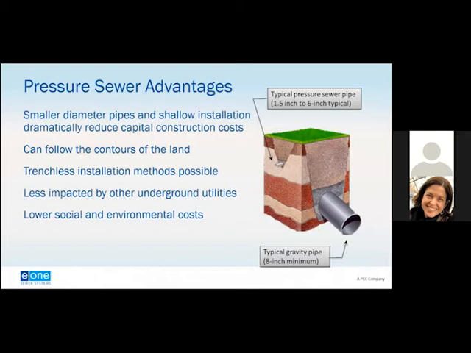And the last thing is it has lower social and environmental costs. With the means and methods, you're disturbing less of the community. You're not shutting down the street as you would with a gravity sewer, and you're not disturbing as much of the surrounding environment. It's a much smaller disturbance footprint.